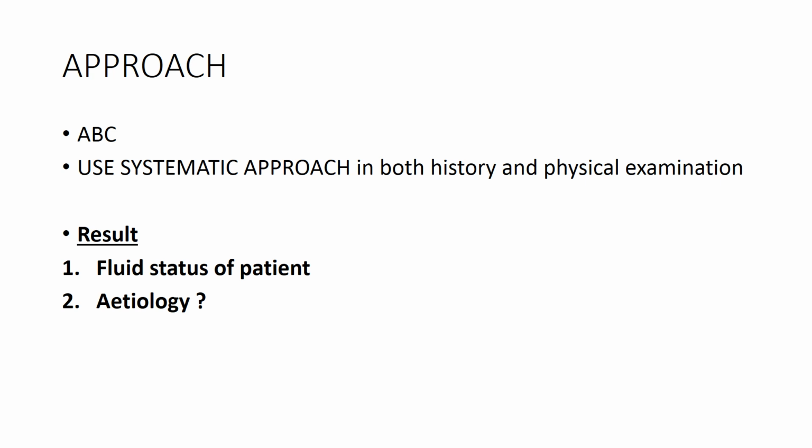Are they using accessory muscles of respiration? If those issues are there, they need to be tackled immediately. Does this patient have effusions that are compromising respiration? If those are there, those have to be dealt with. Does this patient need to be intubated and ventilated? If that's the case, that has to be done immediately.